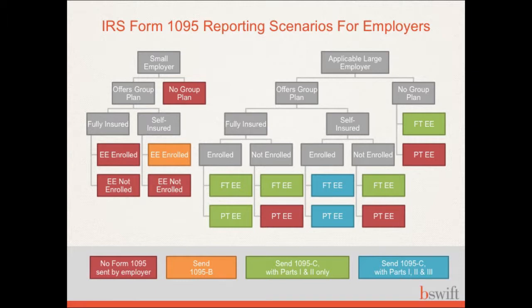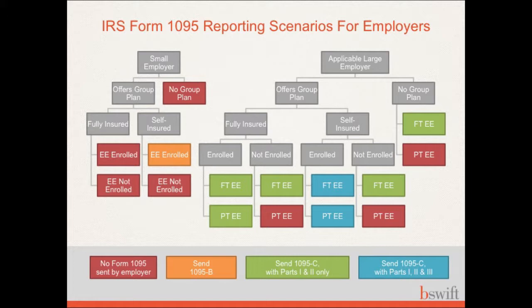So what we tried to do in this flow chart is break it down so that you can follow line by line down, depending on the type of employer that you are and what type of plan you offer, to see which classes of people you need to give a form to and which form you should give to those folks. On this chart, we're illustrating that there are some cases where the employer does not need to give a form at all.